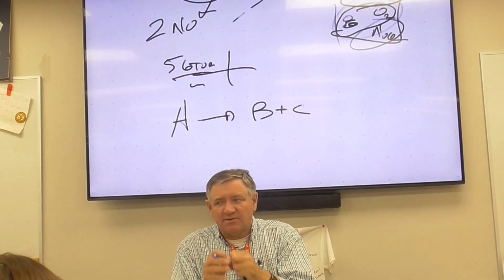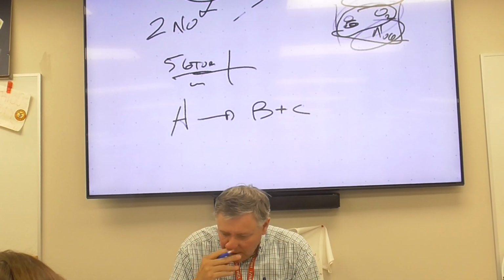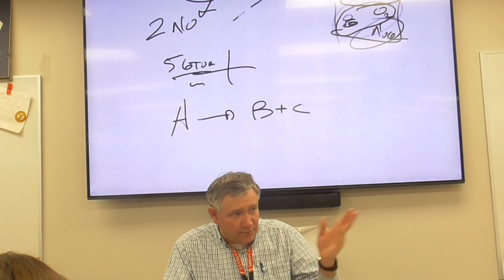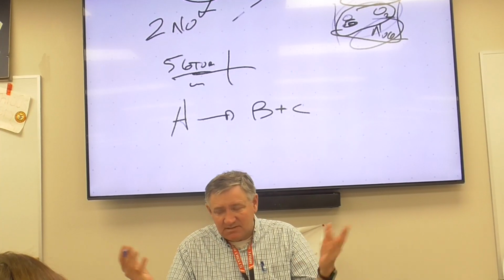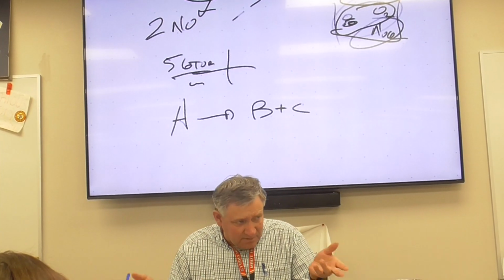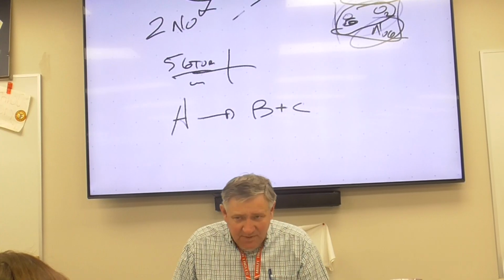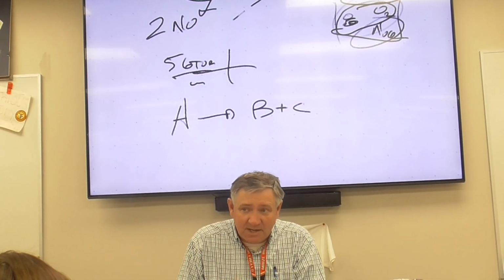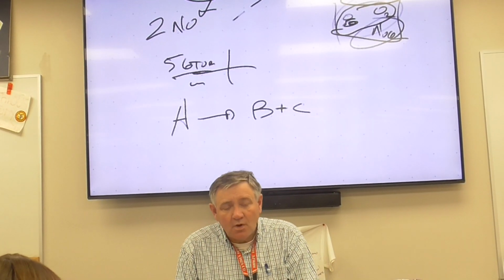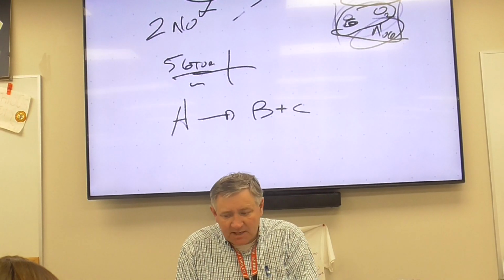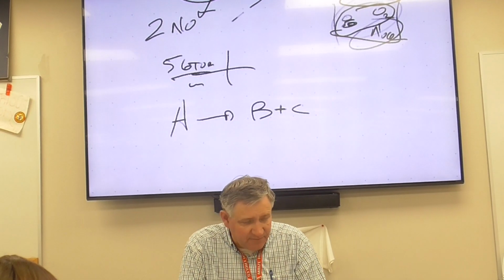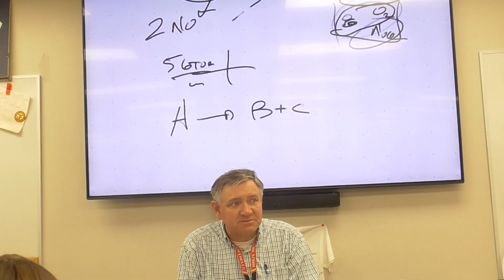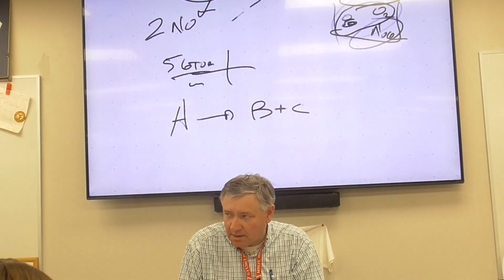Look at this in terms of a bigger picture. So on this one, it's zero order, which makes sense because it's just A decomposing. It doesn't have to collide with anything, it's zero order. Now, because it's zero order, what would happen to the rate of the reaction if I doubled the concentration of A? Nothing. Absolutely nothing. The concentration of A does not matter.